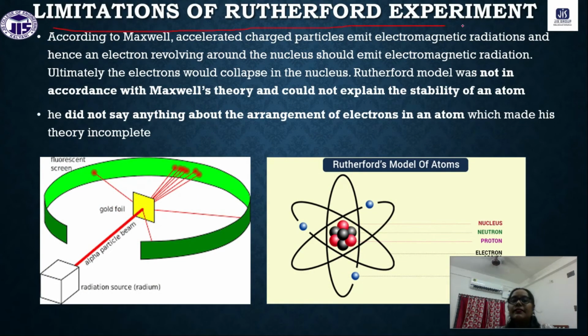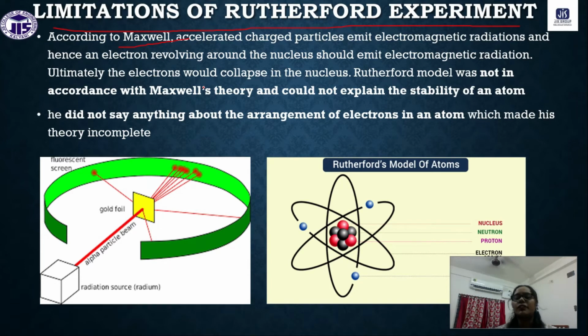Now these are some of the limitations, which are very important. According to Maxwell's rule, if a charged particle revolves, it will continuously emit radiation. This would also be the case for the electron, and after some time the electron would collapse into the nucleus.